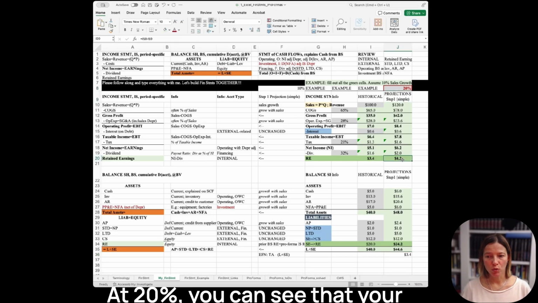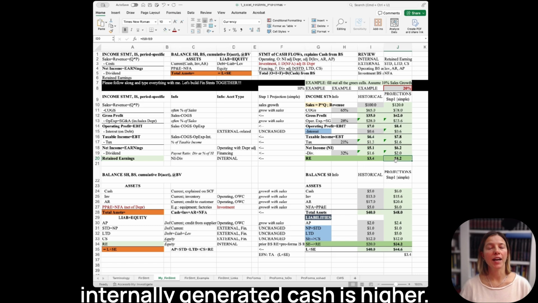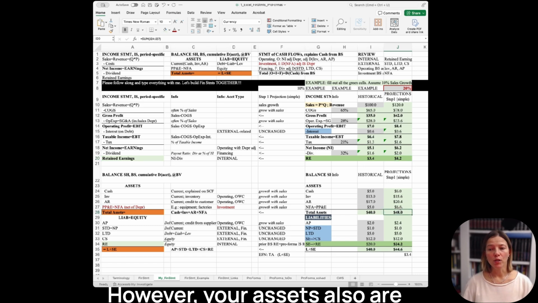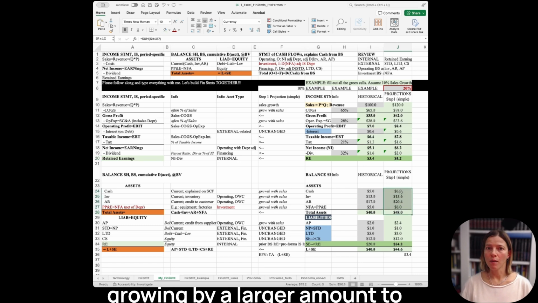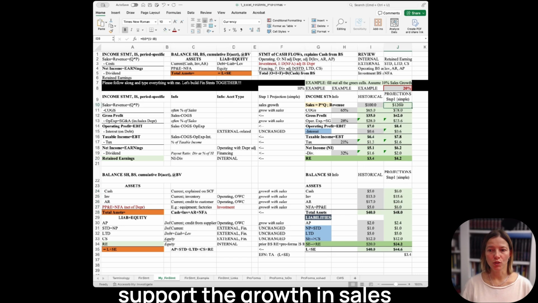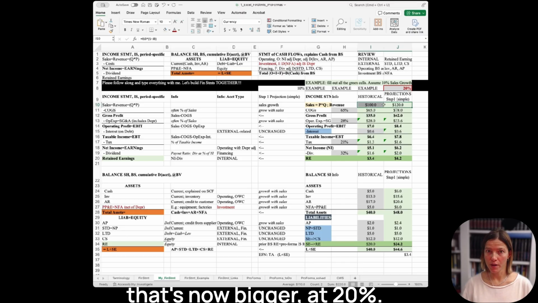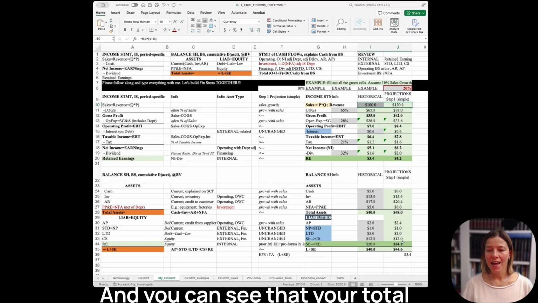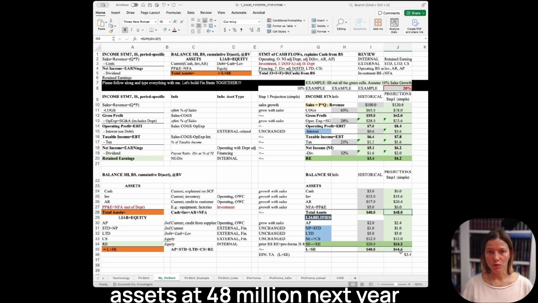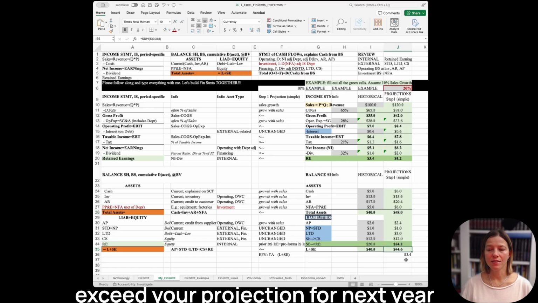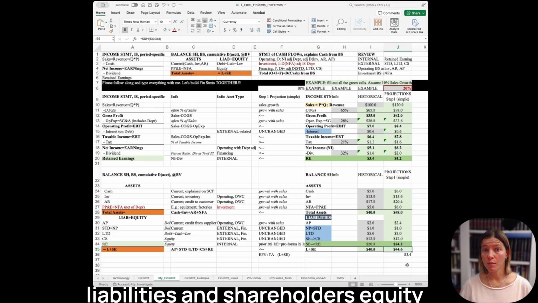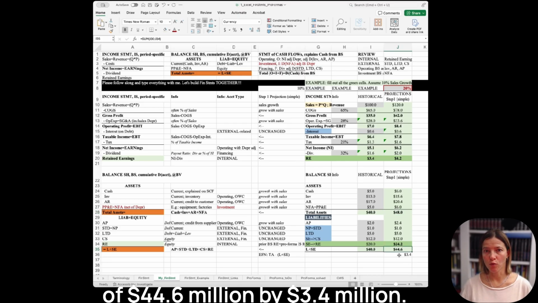You can play around with this growth rate and change it to 20%. At 20%, you can see that your internally generated cash is higher. However, your assets also are growing by a larger amount to support the growth in sales that's now bigger at 20%. And you can see that your total assets at 48 million next year exceed your projection for next year, liabilities and shareholders' equity of $44.6 million by $3.4 million.